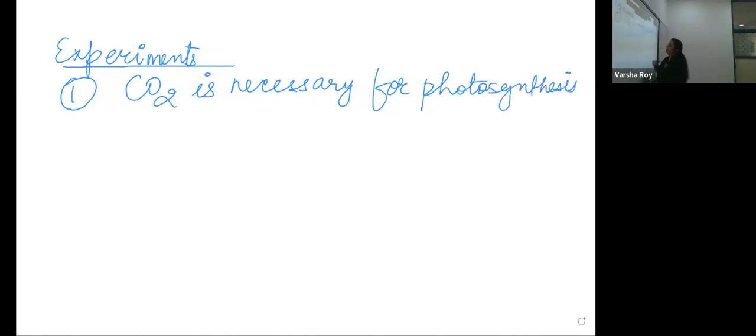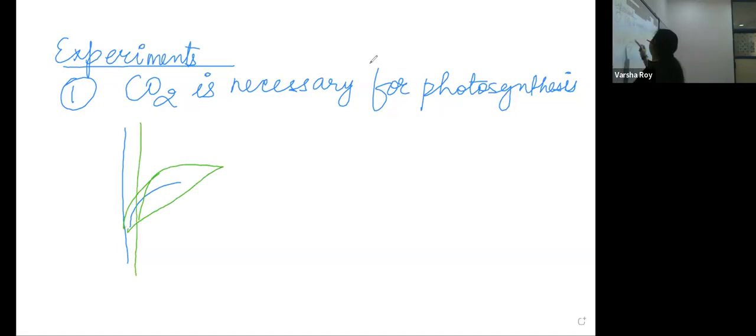So in this, they take a plant. A leaf is there, and this is the plant, and it is growing in a flower pot like this. It is a live plant with soil available.